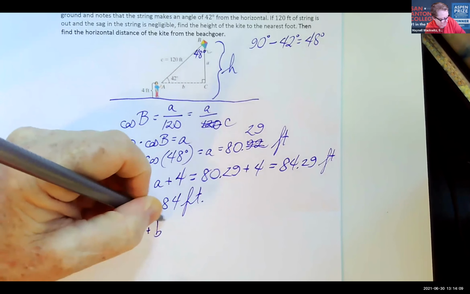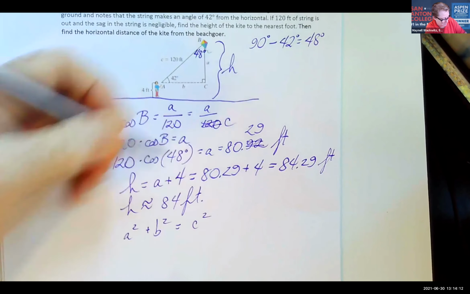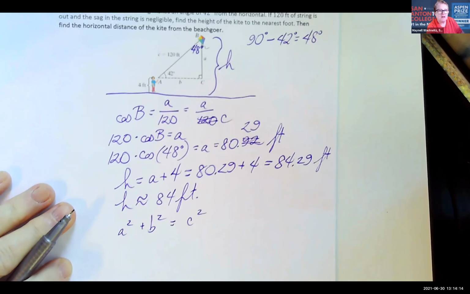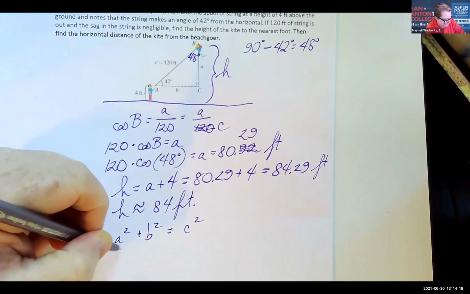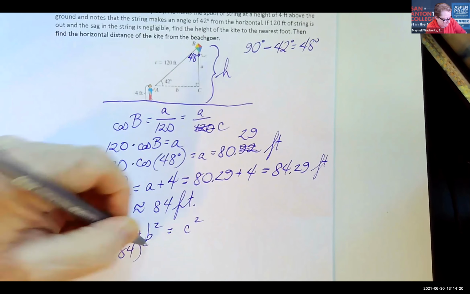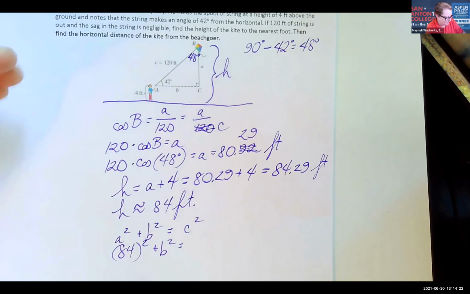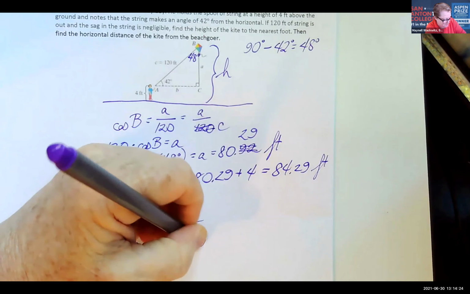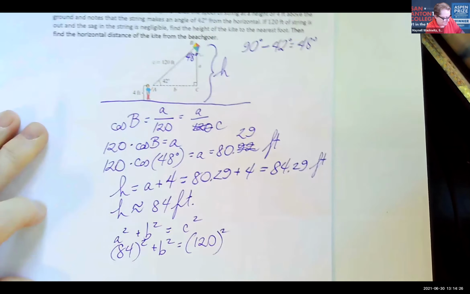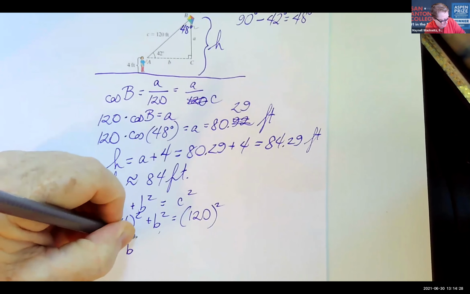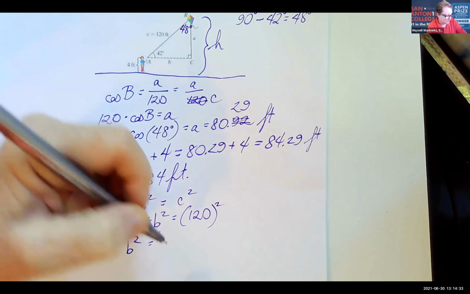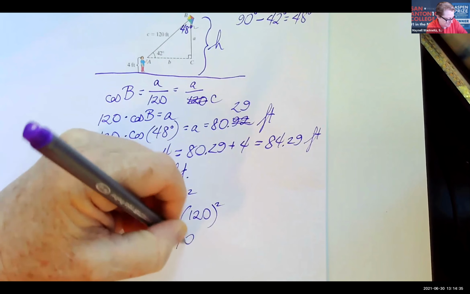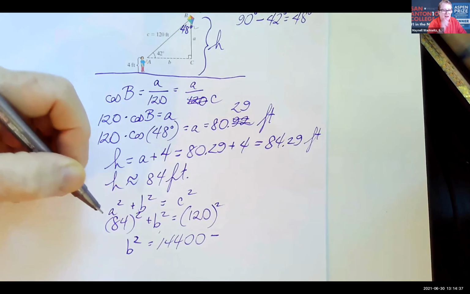All right, very good. So we know that side A is approximately 84 feet, and we're given that C is 120 feet. 120 squared is 144 with 2 zeros, minus 84 squared.